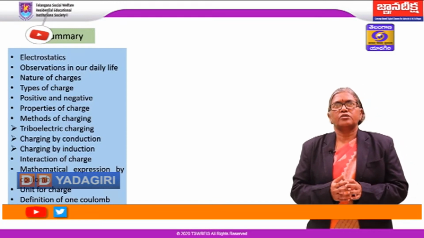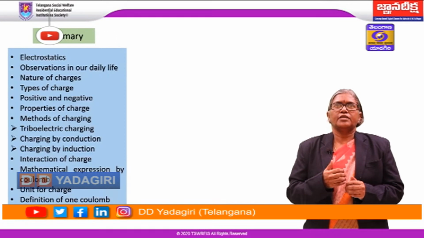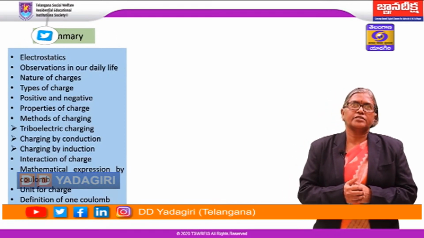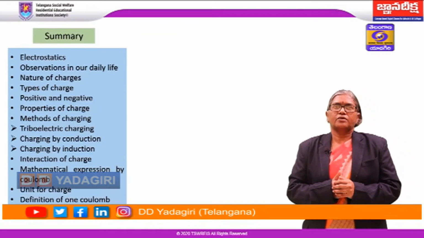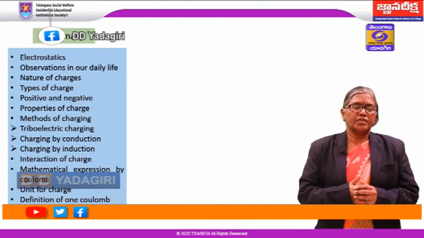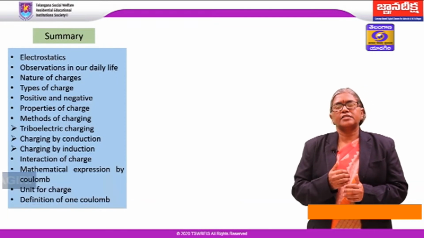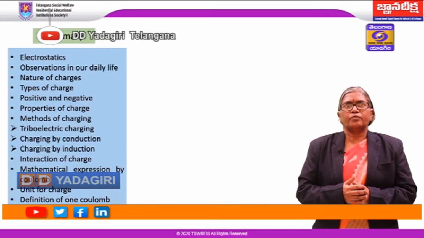In today's session, we also learned the unit of charge. In different systems, charge has different units. In the SI system, the unit of charge is the coulomb, in the CGS electrostatic system, the unit of charge is 1 stat coulomb, and in CGS magnetostatics, the unit of charge is 1 abcoulomb.